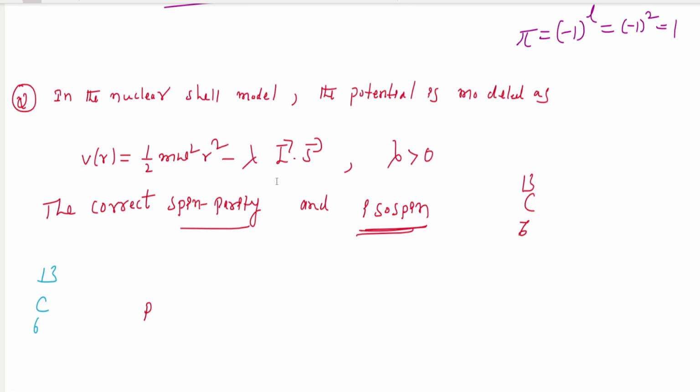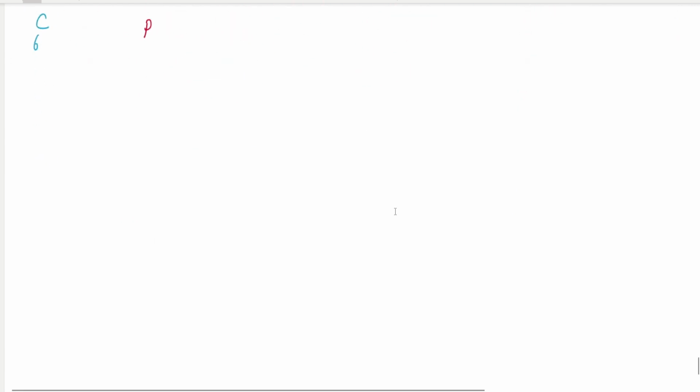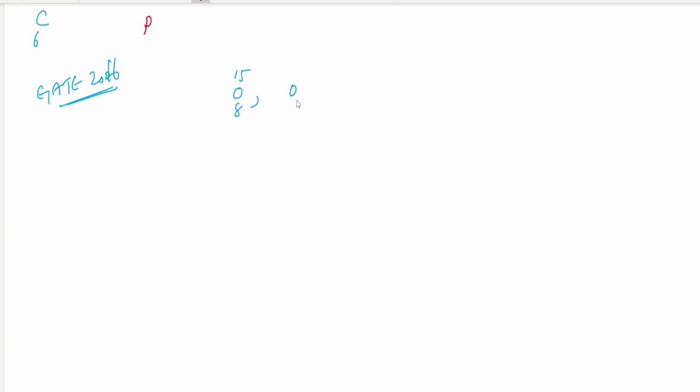Next question. Again, they are asking 2016 8 2000. Find the spin and parity values. Okay, only spin and parity of oxygen 8 and 7.